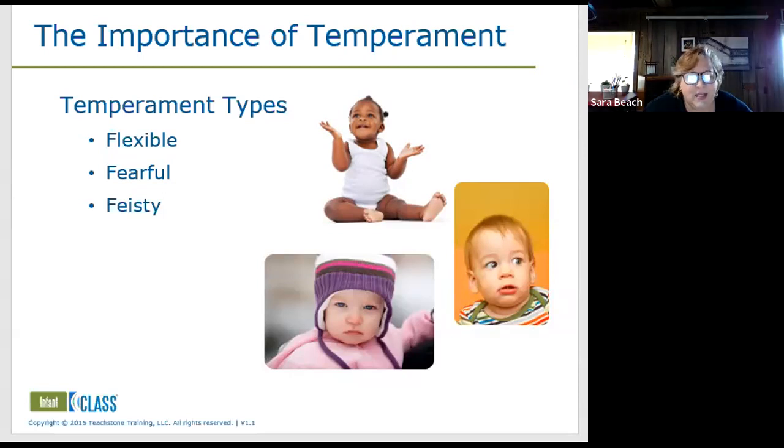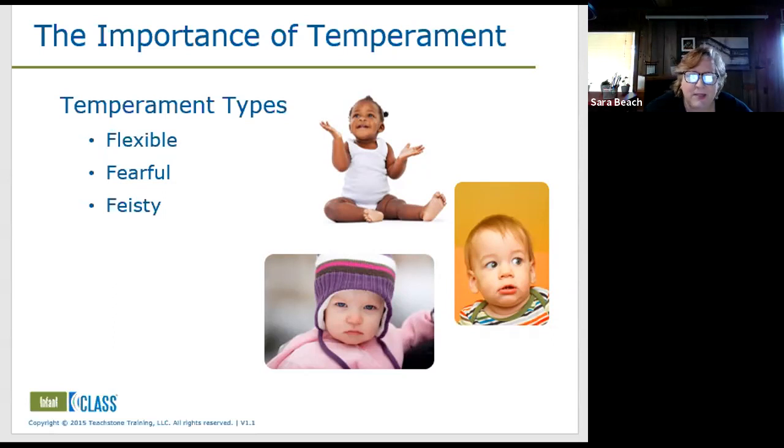And then the feisty kids are thought to be around 10% of kids. Those can sometimes also be known as the difficult kids. They're sort of the opposite of flexible. These are the ones that are often hard to get to sleep, hard to get to take the bottle, or feeding can be more difficult. Their nap might change from day to day.